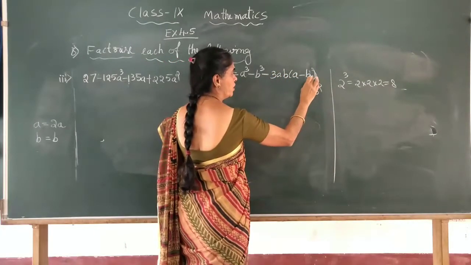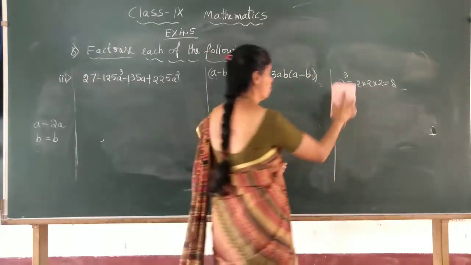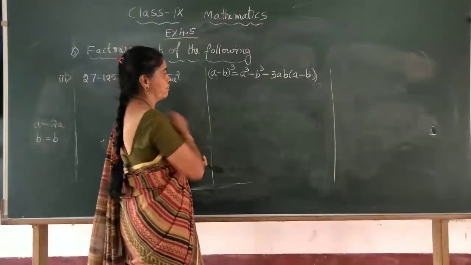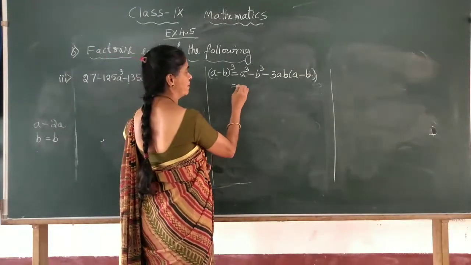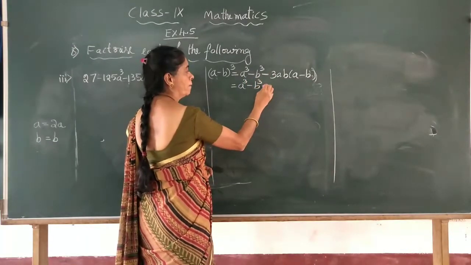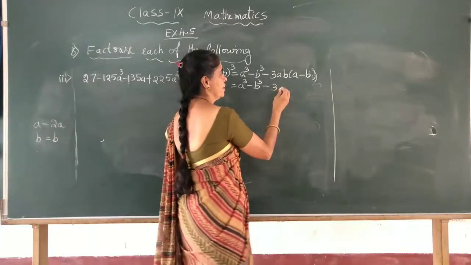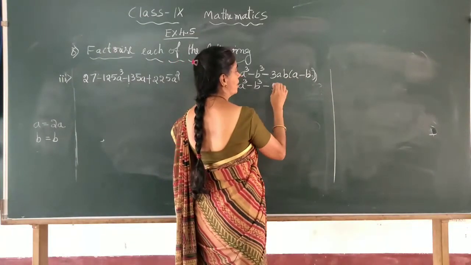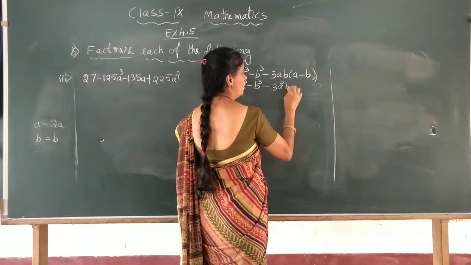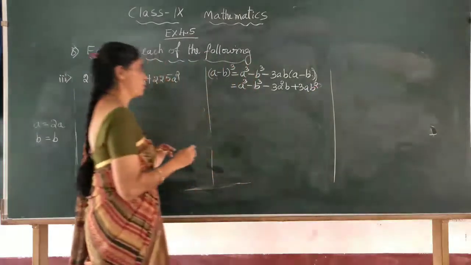This is the format we know, right? Now it is still to be simplified, one more step. That answer we have to use. So I will write the simplified one. Next one, a cube minus b cube minus 3, this I have to multiply, minus 3a square b plus 3ab square. This identity I have to use now.